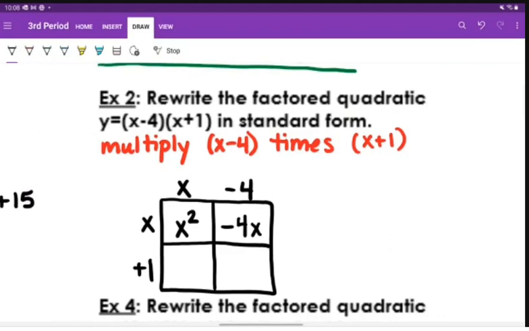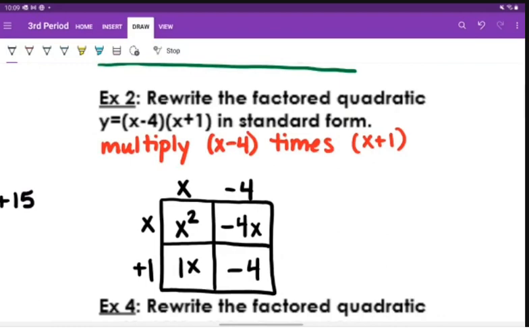Bottom left, we'll have +1 times x. +1 times x gives us +1x. And no, you don't have to write the 1. And finally, on the bottom right, we have +1 times -4, which will give you -4.